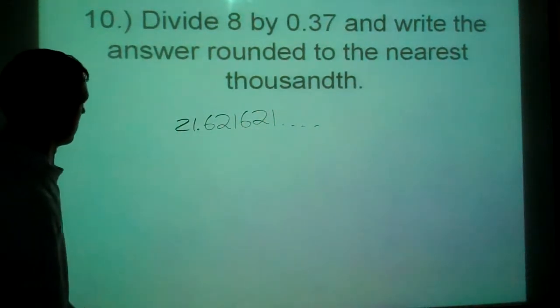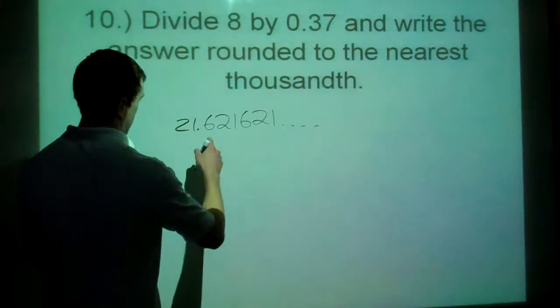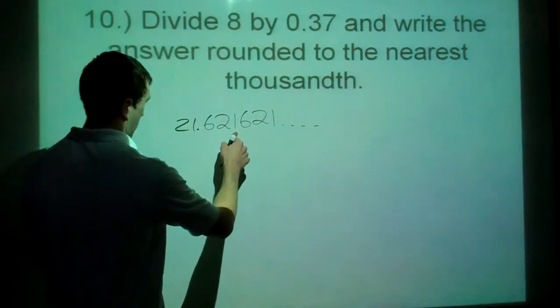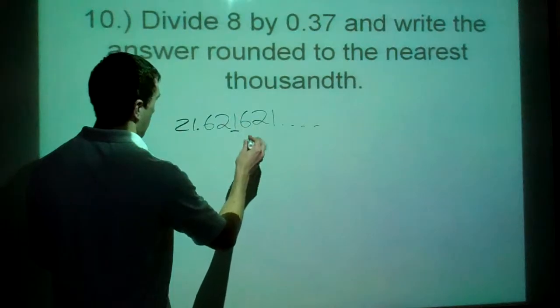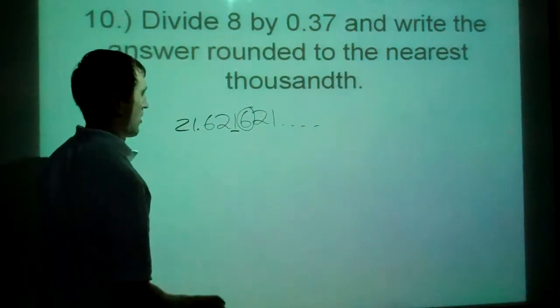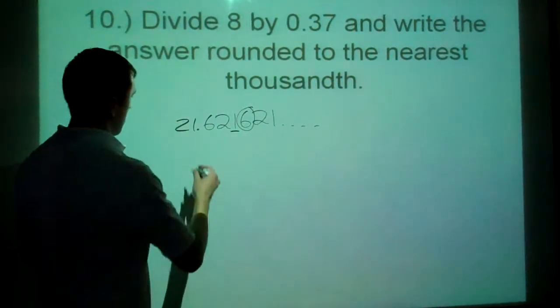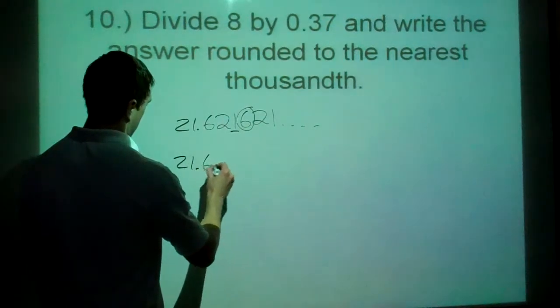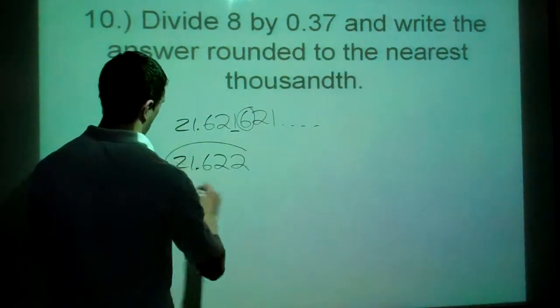We need to round this to the nearest 1,000. So this is tenths, hundredths, thousandths. We're going to round this one and look at this one to tell us if we'll go up or down. This is 5 or bigger, so it'll be 21.622 when we round it up.